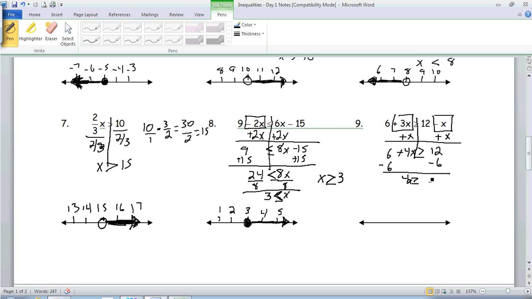Am I doing this right? For x is greater than or equal to 6, and so that means we divide by 4 for x is greater than or equal to 1.5. Okay, very interesting.